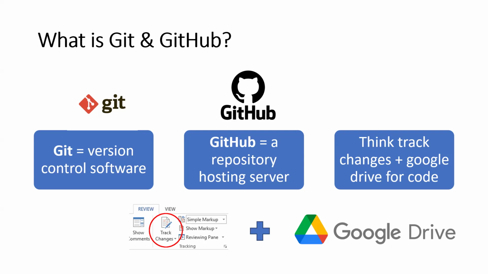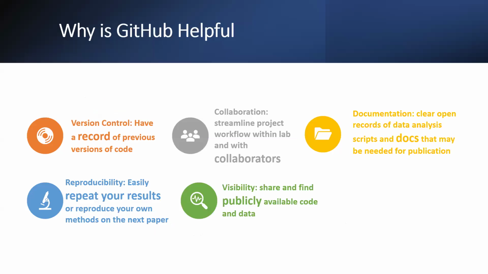So hopefully that explains why GitHub would be useful right off the bat. One of the first and foremost reasons is that version control software provides a record of previous code. I don't know how many people have at some point said, oh, my code was working and now it's not, right?